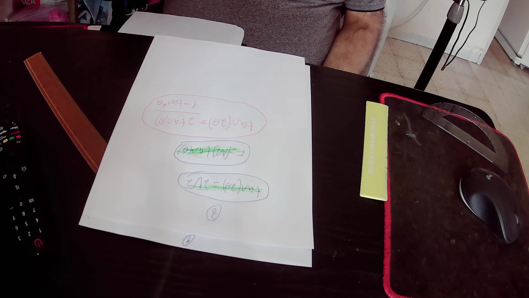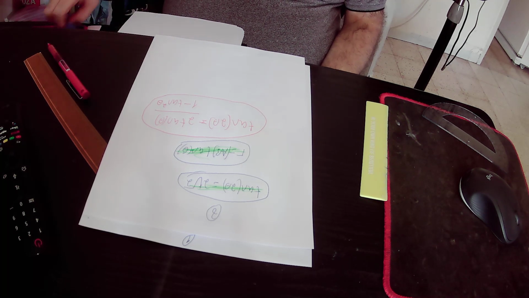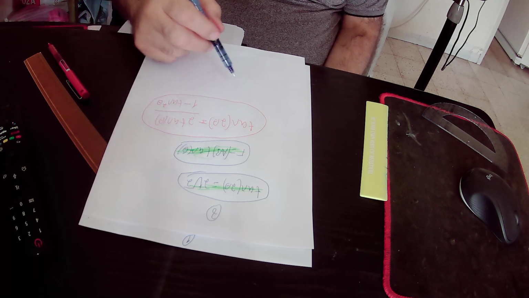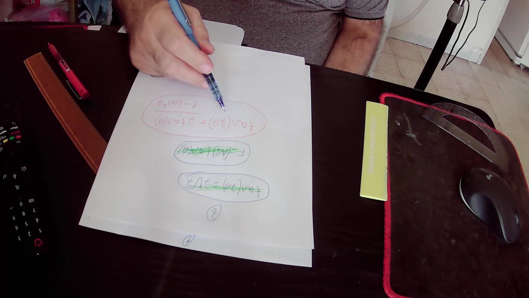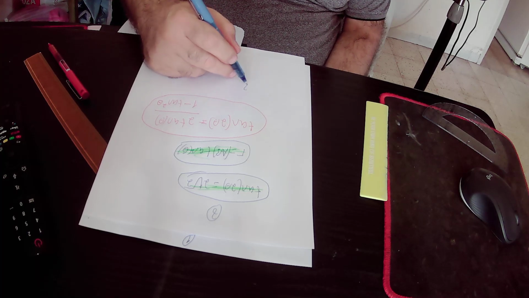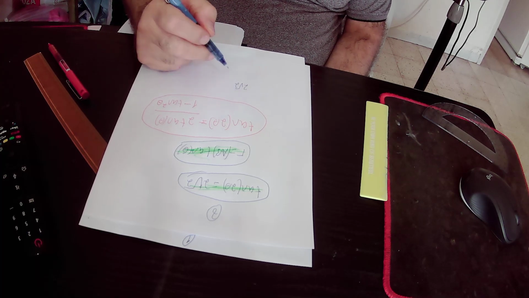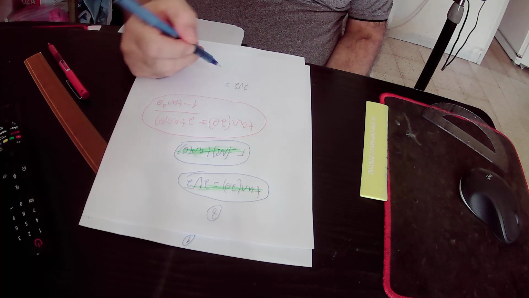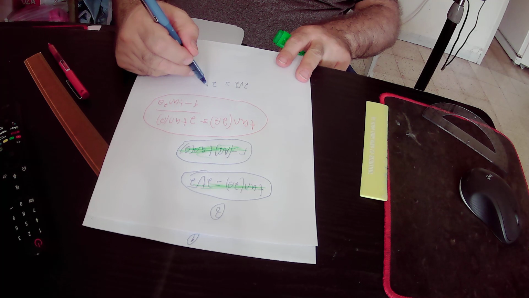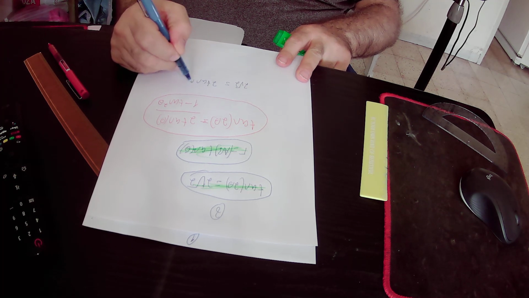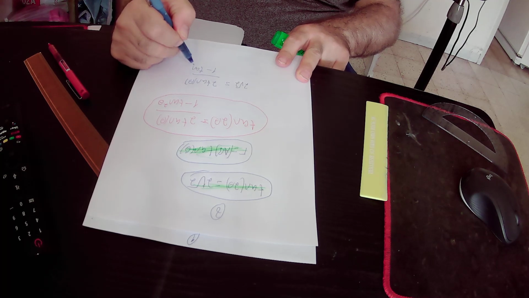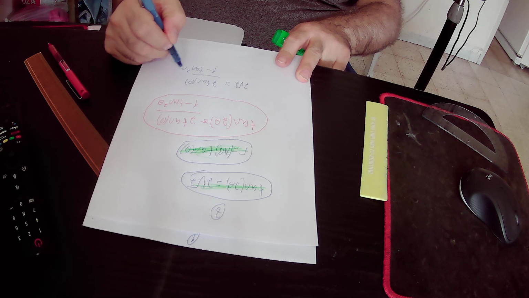So we know that tangent 2 theta equals 2 times root 2, so we can write here, instead of tangent 2 theta, 2 times root 2, equals 2 times tangent theta over 1 minus tangent square theta.